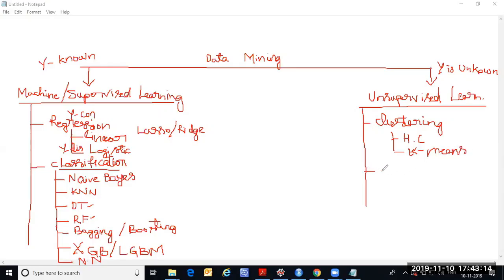Next we are going to discuss dimension reduction. Here we are going to discuss PCA, principal component analysis. This is one of the dimension reduction techniques.